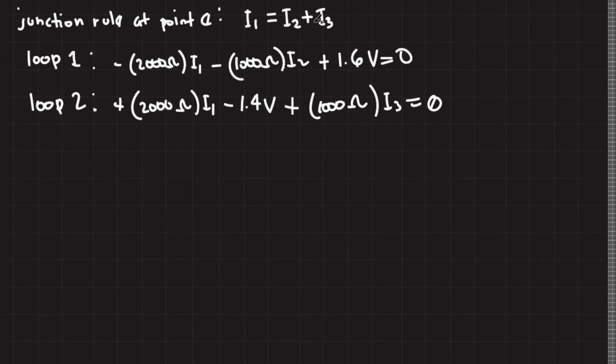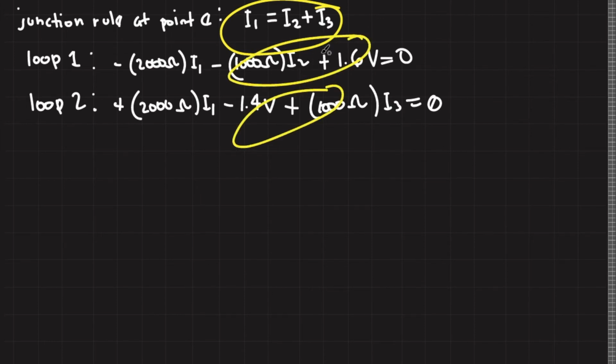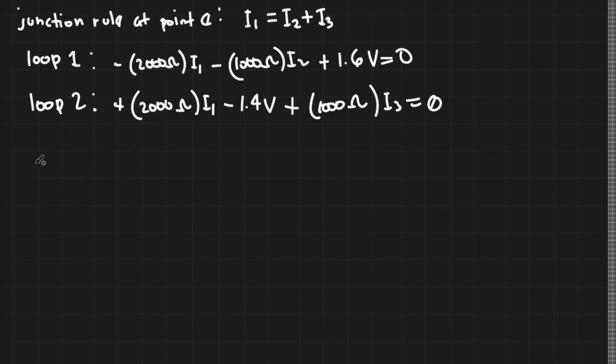So first, I'm going to rewrite this in such a way that all the terms with unknowns are on the left side and all the constants are on the right side of the equation. I'll rewrite all these equations. So for the first equation, I have I sub 1 and I'll transfer this to the other side, negative I sub 2, and the same for I sub 3, negative I sub 3 equals 0.